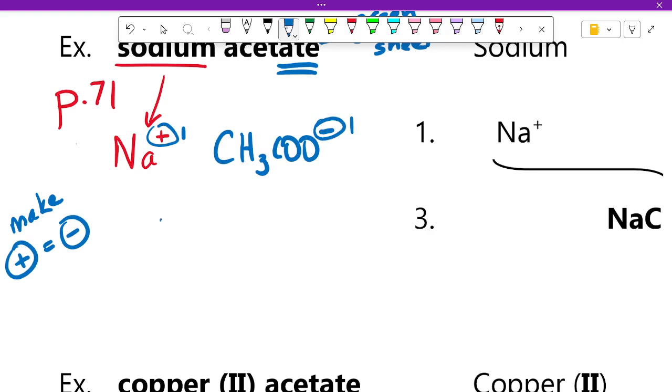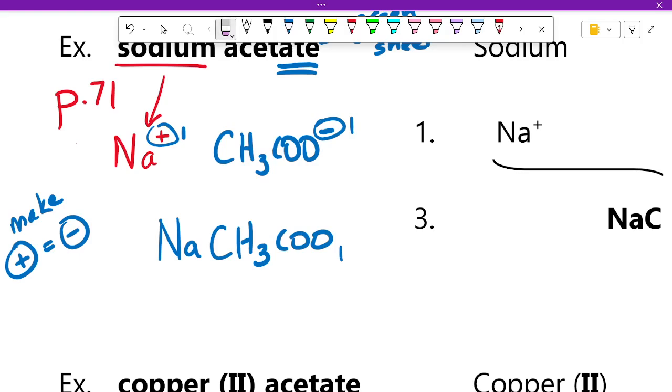We need one sodium. How do we show that we have one sodium? What number do we put beside it? Do we put a 1? No, we don't put anything. If we have 1, we don't put anything. And then we just need one CH3COO. Do I put a 1 at the bottom?